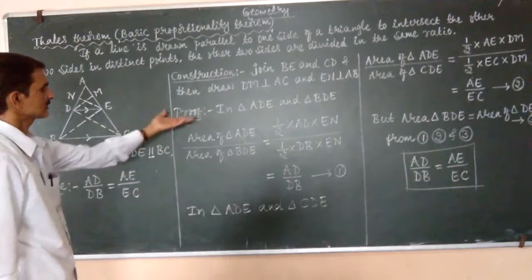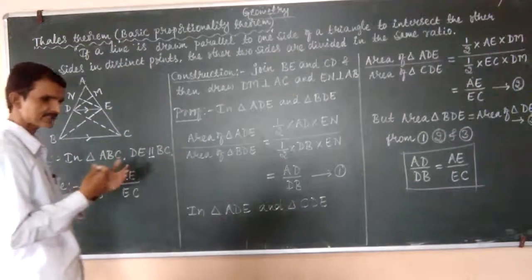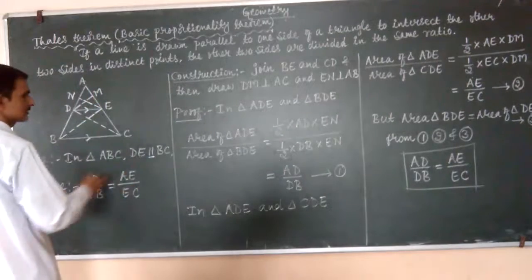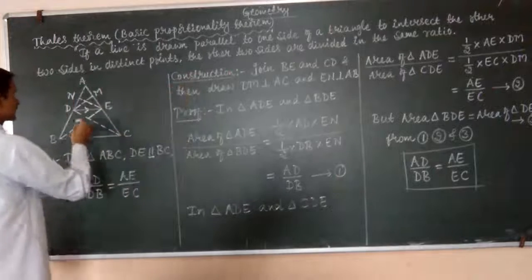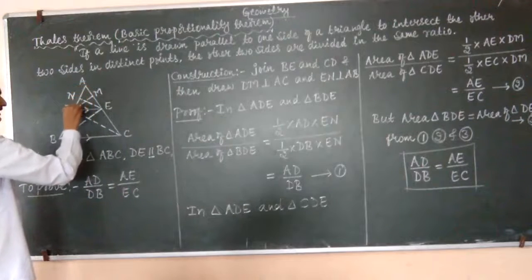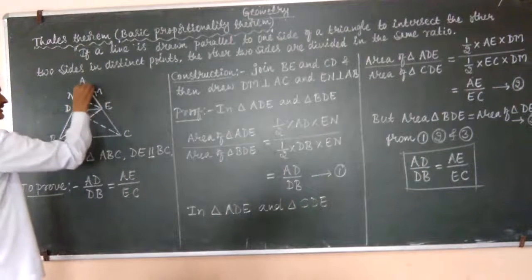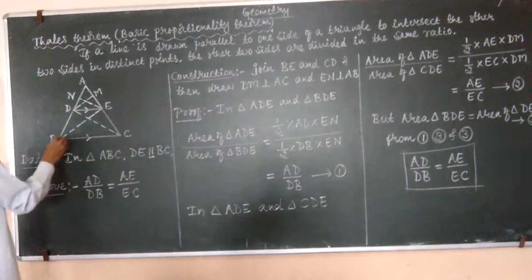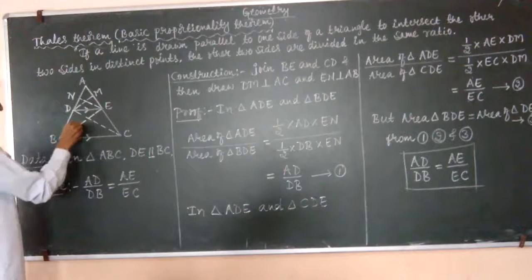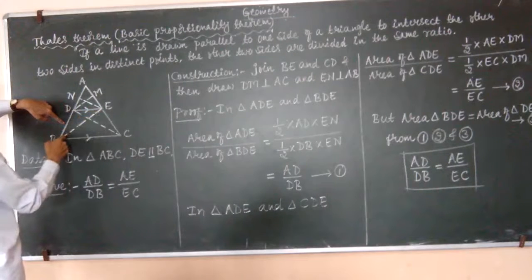Now, next step is proof. In the next step, students, we are going to compare two triangles. These two triangles are triangle ADE and triangle BDE. Compare triangle ADE with triangle BDE.